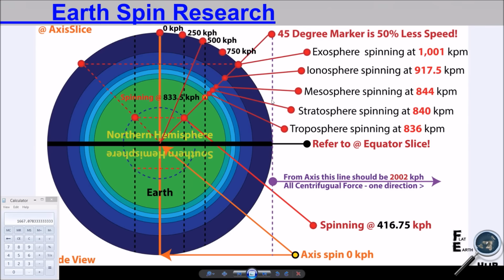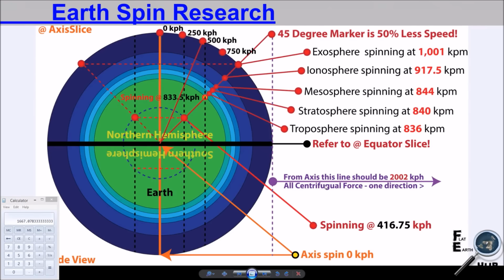So if we dot that line out, because if this is 0, any distance from there to here, if that's 2002, from here to here should also be 2002. So this dotted line represents the maximum speed. From the axis, this line should be 2002 kilometers per hour.